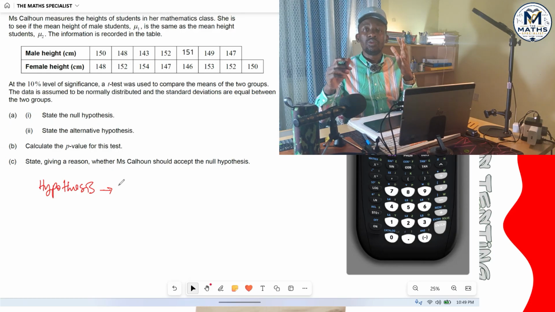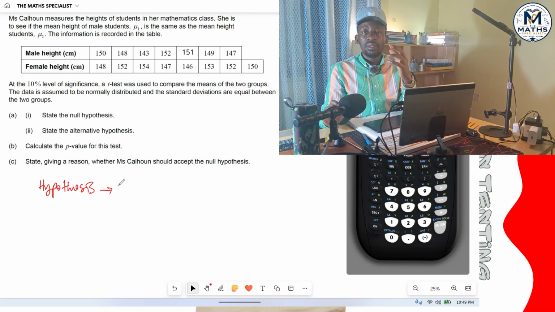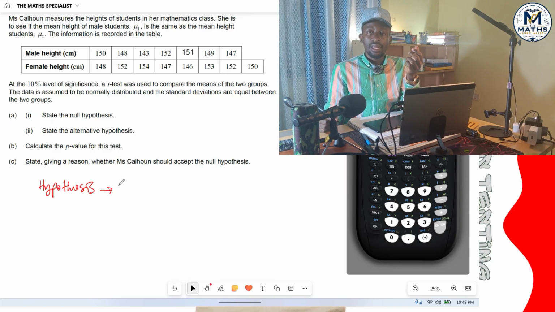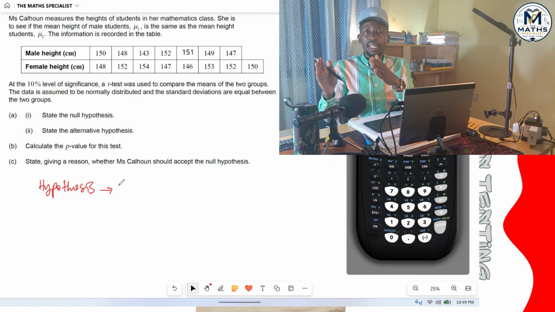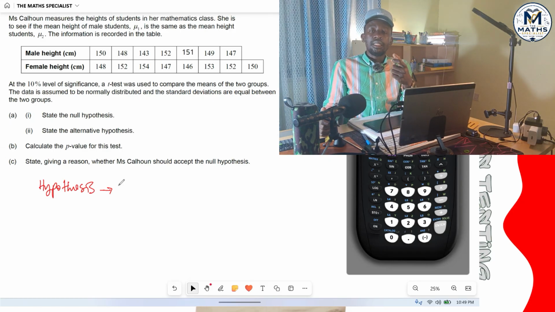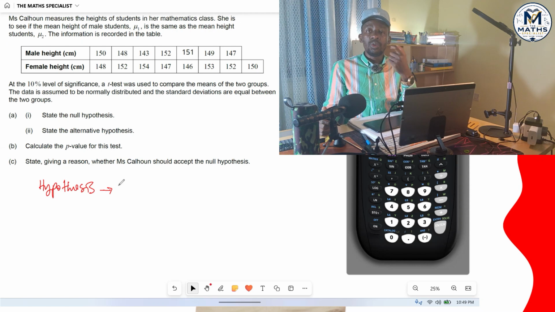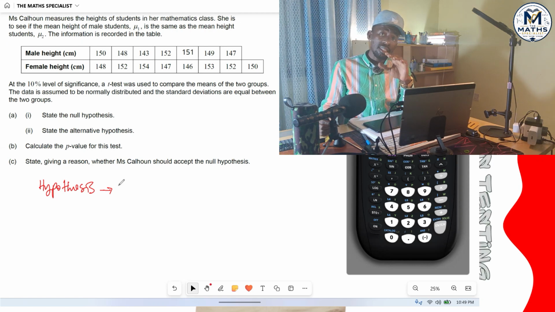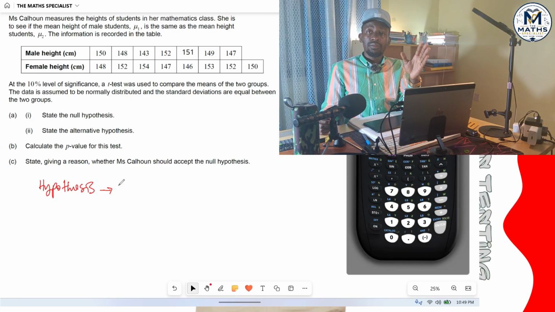Or the manufacturer of products claims that the performance of product A is more useful than the performance of product B. So that is the claim. That is the assertion. So from the assertion, from the claim, is where we get the hypothesis.